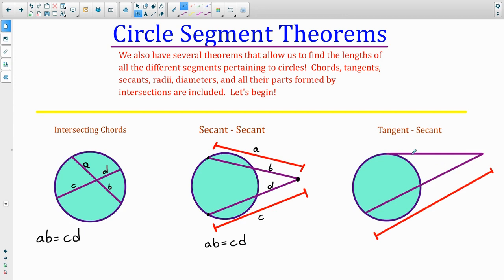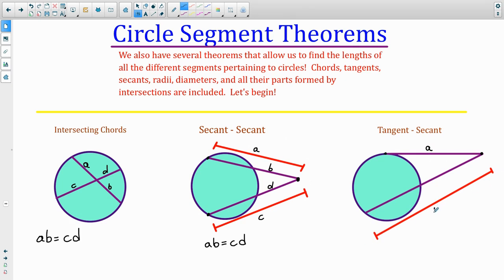And then we're going to finish this lesson with a tangent secant problem. We're going to have the whole entire tangent from its starting point to its end point on the circle as our A. There's only one part there. Then we get to the secant, and we're going to think of the secant just like these. There's the whole.